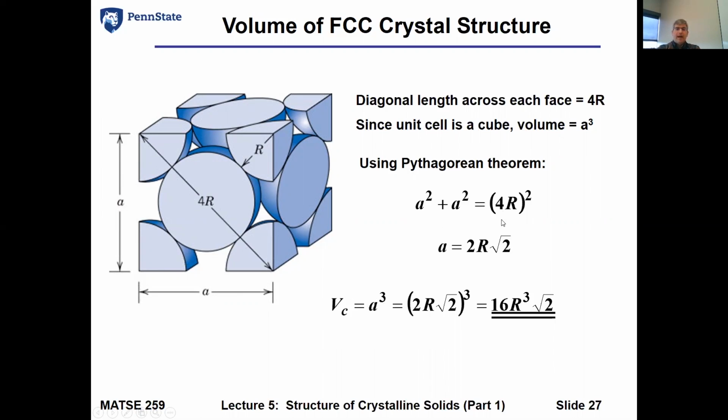If we define what a equals for this basically right triangle, we can determine the volume. And if we work our way through, we see that the volume of an FCC unit cell is 16 r cubed times the square root of 2. So if we know the atomic radius, we can figure out the volume of any FCC unit cell.